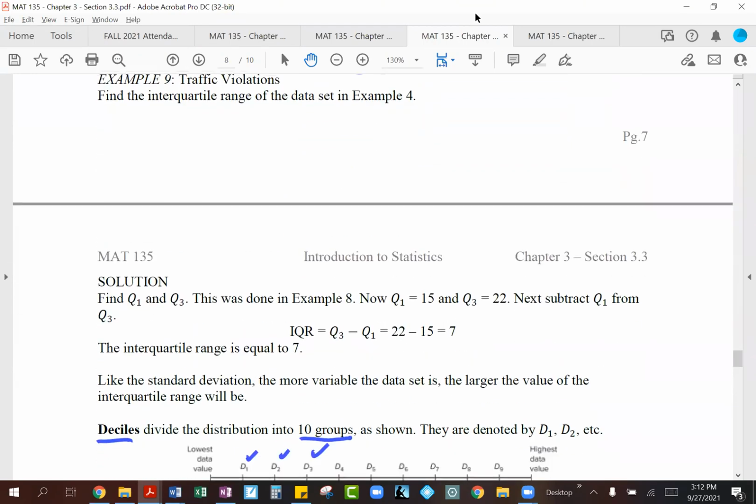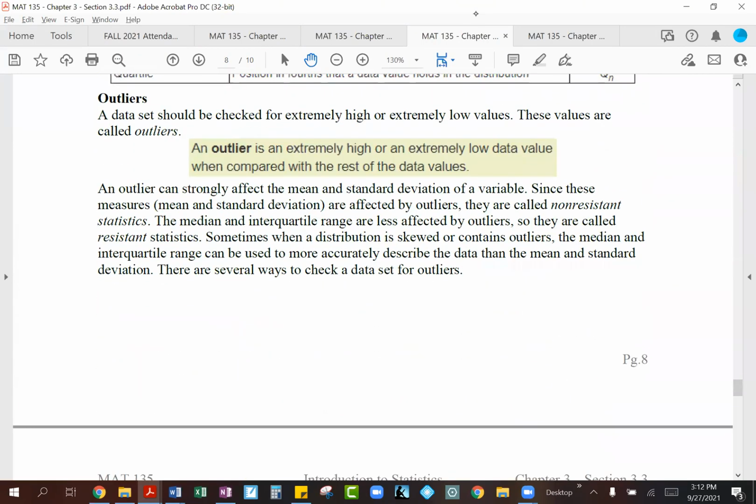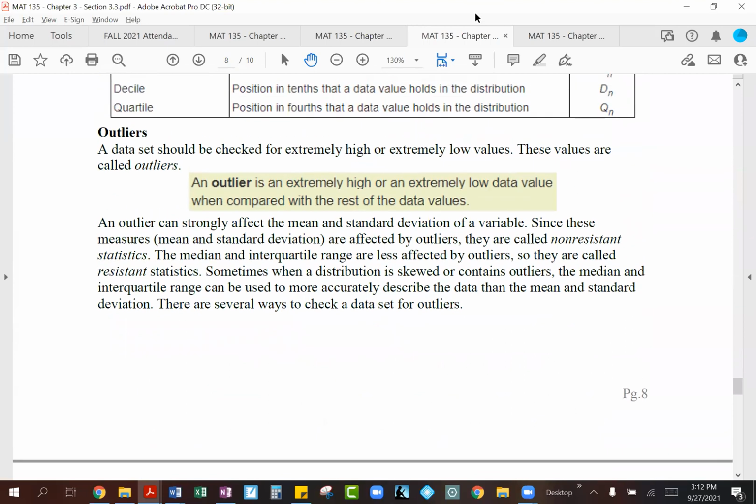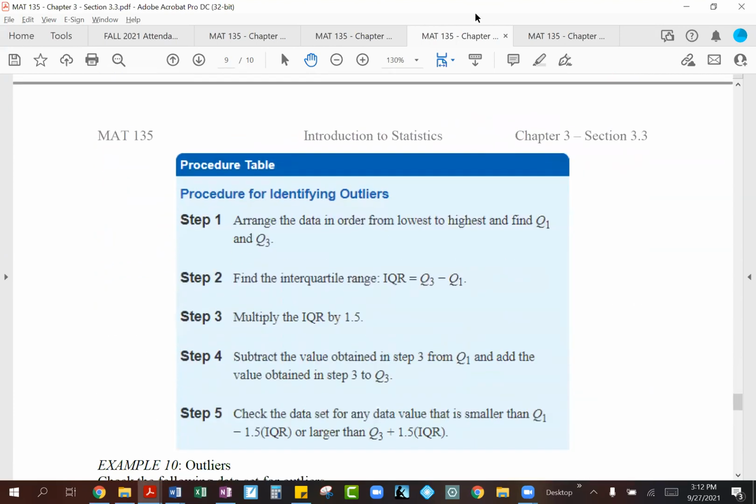So before I get into box plots, very quickly, I wanted to talk about one other terminology that we have not used yet: what is an outlier. An outlier is where your data set has an extremely high or an extremely low value compared to the rest of your data set. So you either have a really large value in your data set or a really low one.